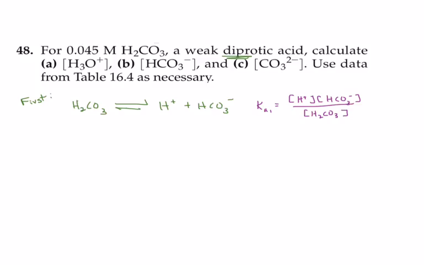So this one deals with the polyprotic acid H2CO3, carbonic acid, I want to say. It gives you the initial molarity, and it wants you to come up with the... In my hints, I'm going to say basically A is this: you have to look at both ionizations.